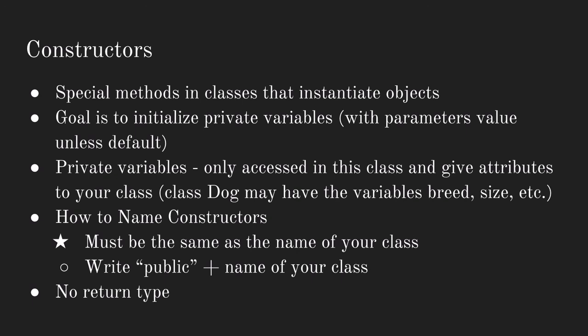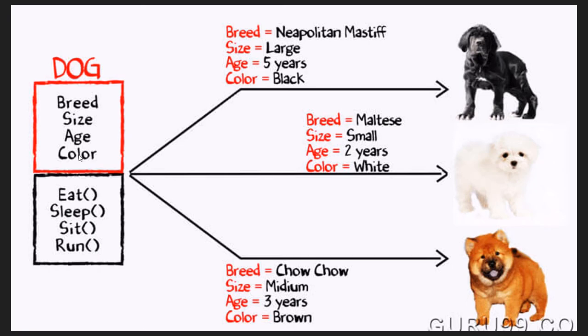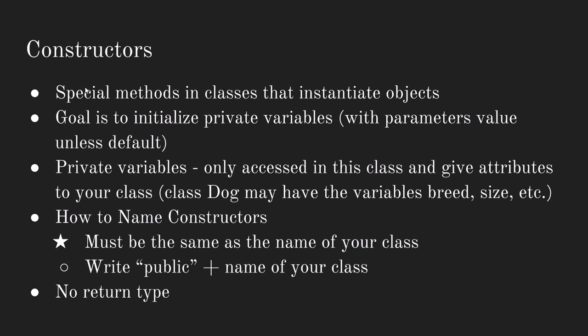Now, constructors are special methods in the class that basically instantiate these objects. And the goal of these constructors is to initialize these private variables right here: breed, size, age, and color. Depending on the situation, these constructors can contain parameter values, unless it is what we call a default constructor.